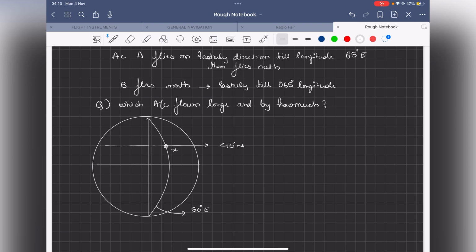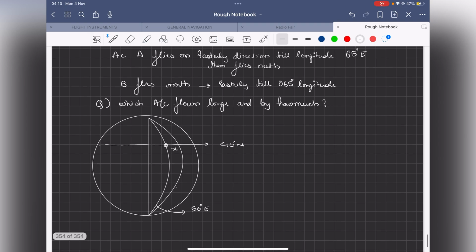Then I want to fly to a point Y, which is at 50 degrees north, 65 degrees east. So it's further east of me. This one is 65 degrees east, but it is at a different latitude, which is 50 degrees north.